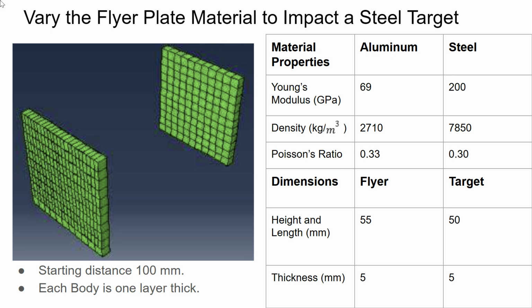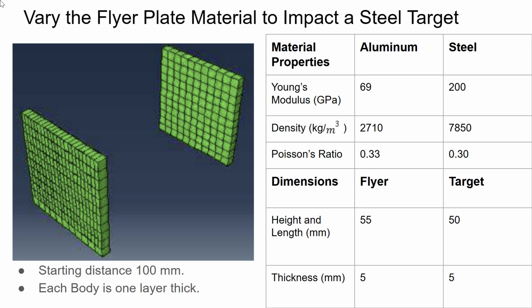So this is just showing the materials and the different properties of the flyer plate and target. So the target for both sessions, when the flyer plate is steel and when it's aluminum, the target is staying steel.